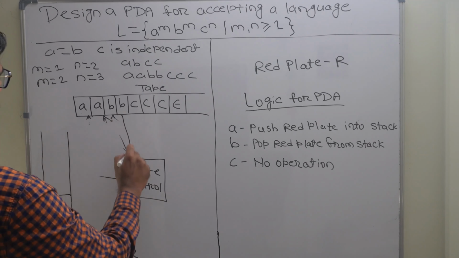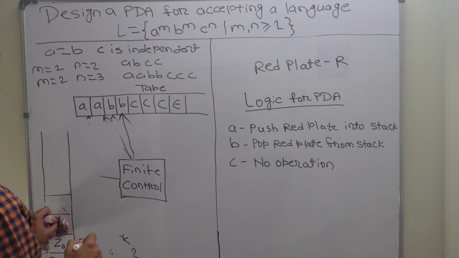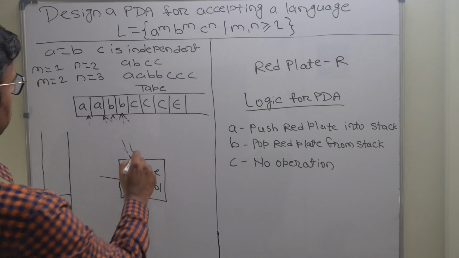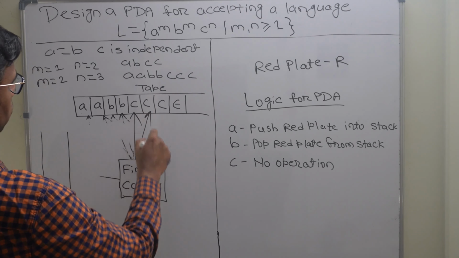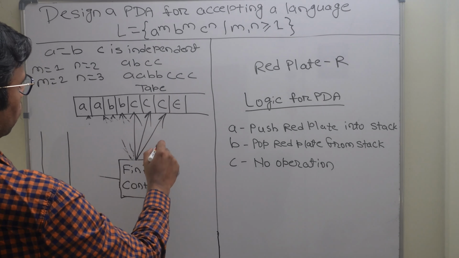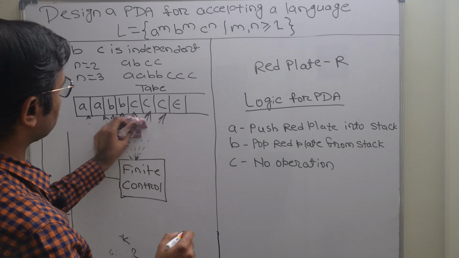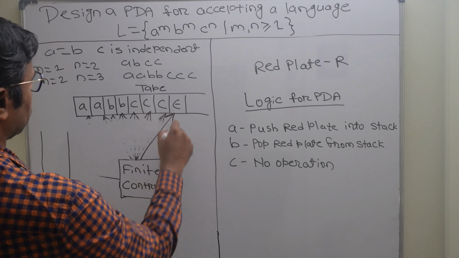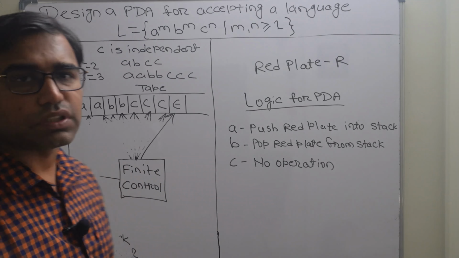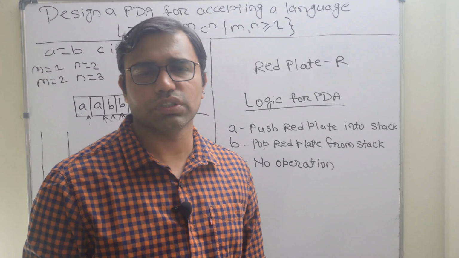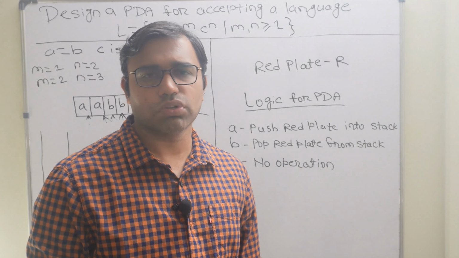For the next B, again a red plate will be deleted, and for C there will be no operation. For this C no operation, for this C no operation. But when there is epsilon, this Z0 will be removed and the stack is empty. So the string will be accepted. In this way the pushdown automata works.